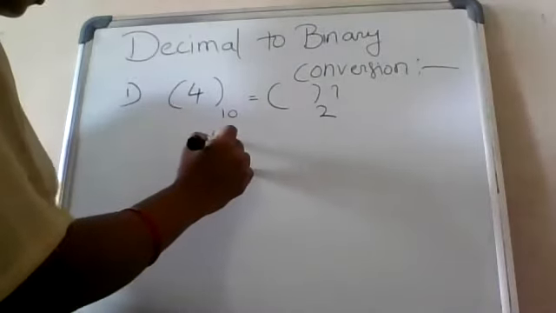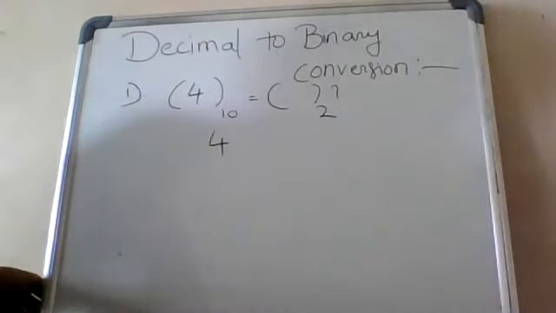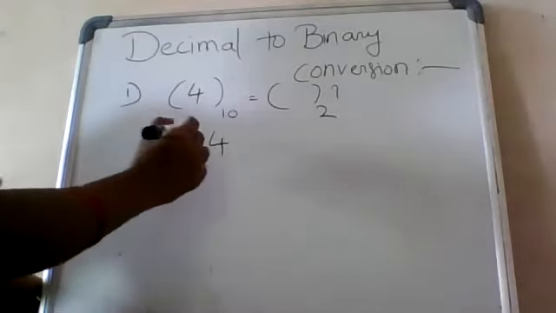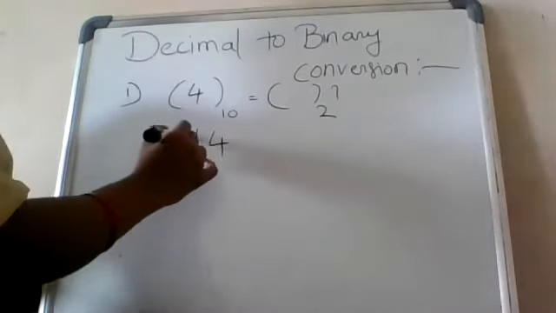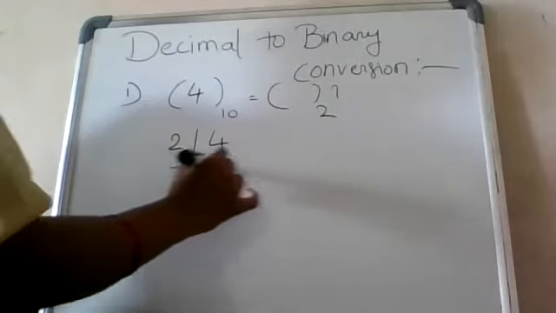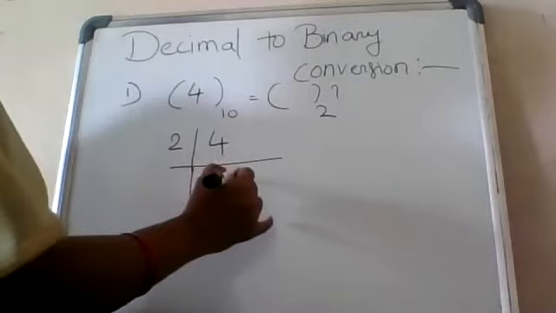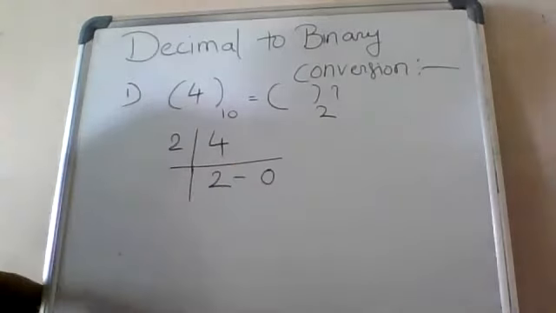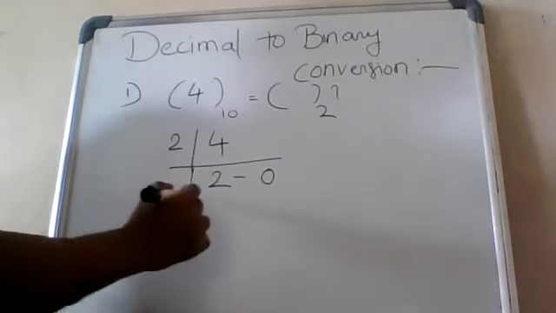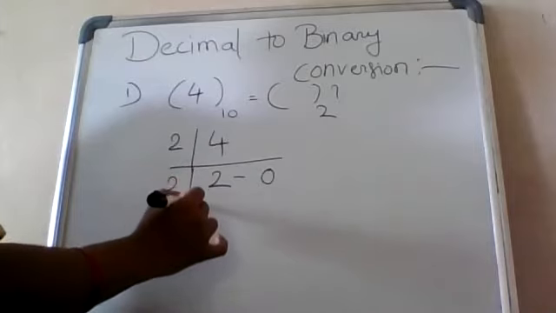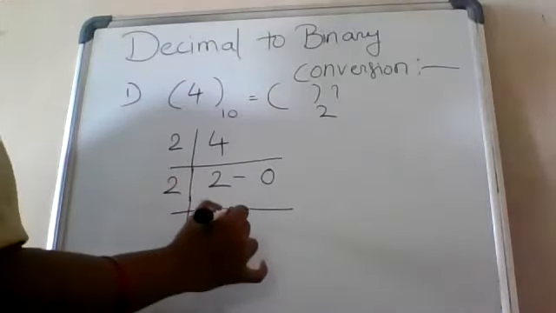So 4 is the number. This number we divide by 2. 2 into 4. What is the remainder? 0. Next, again divide by 2. 2 1s are 2.